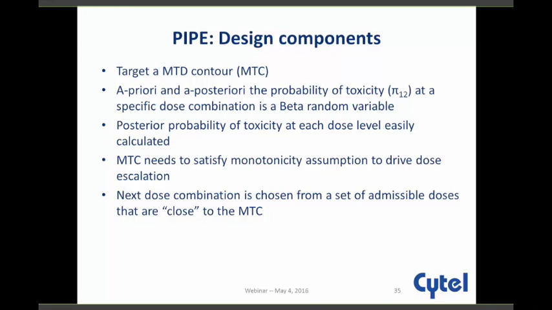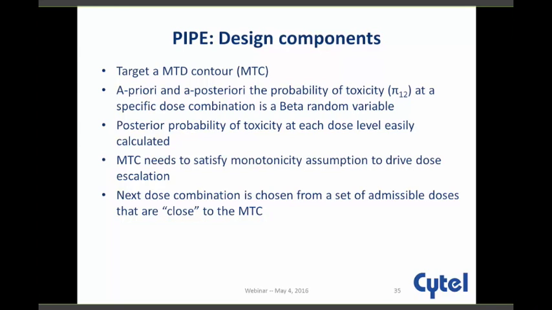So this MTC is essentially a line which partitions the dose combination space into toxicity probabilities either less or greater than the target. For each one of the dose combinations that you consider, a priori, the probability of toxicity of those combinations can be modeled with a beta distribution.